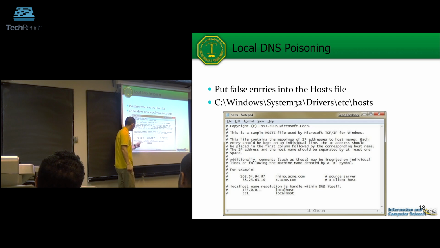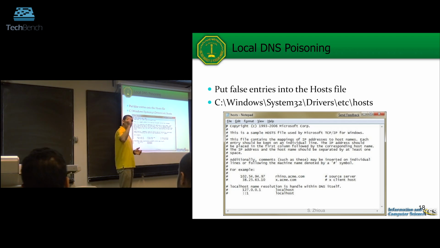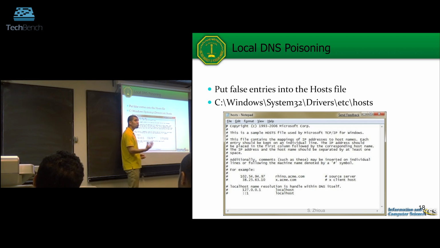You can open that hosts file and see some static mappings between IPs and domain names. If an attacker can go to that hosts file and replace the IPs with malicious ones, this is basically local DNS poisoning.